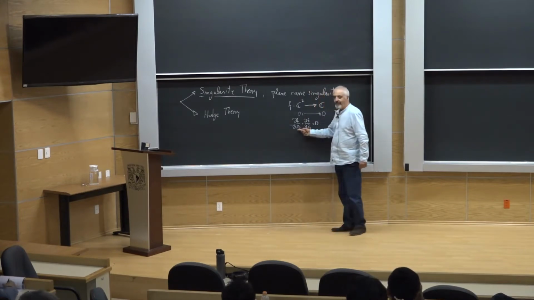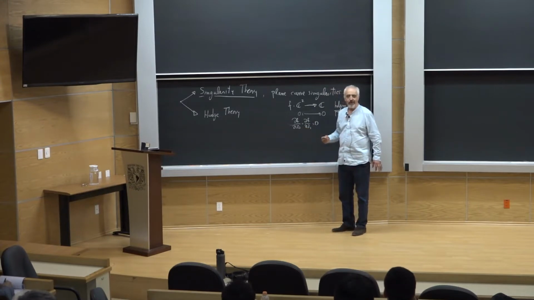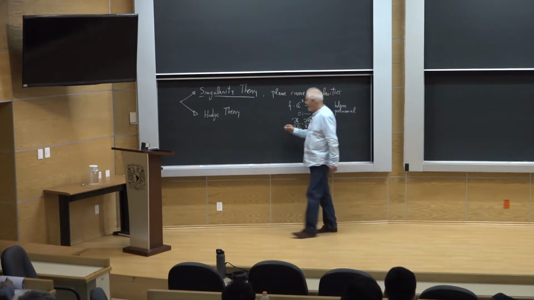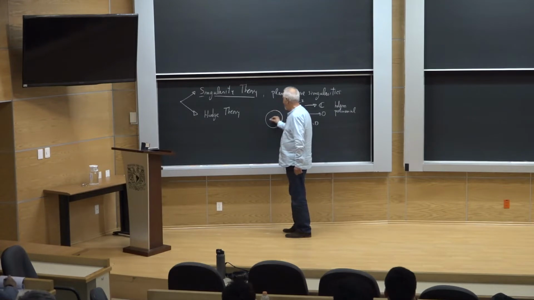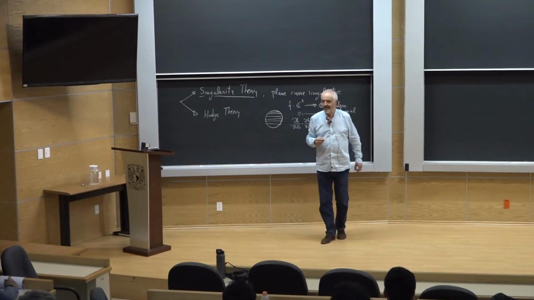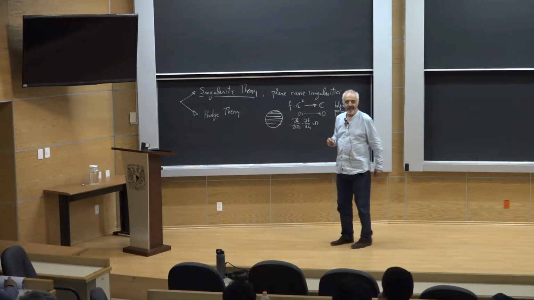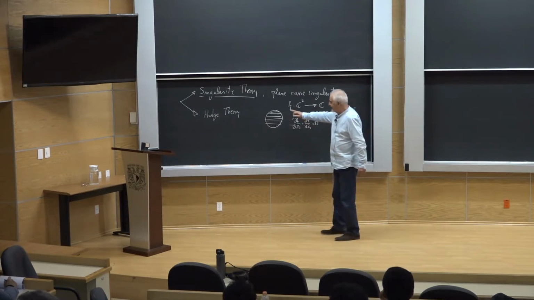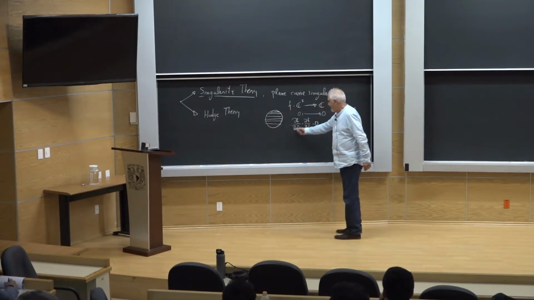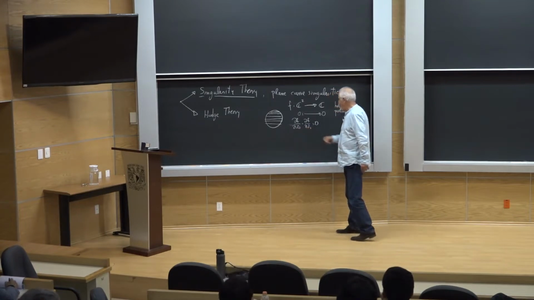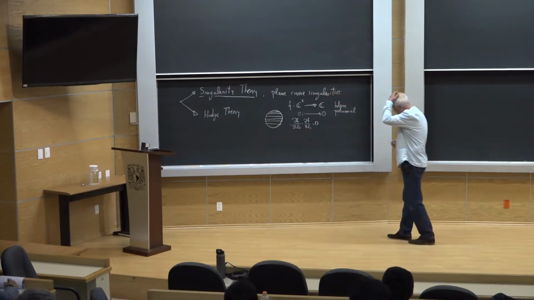If this hypothesis is not satisfied, we all know from our calculus courses that in the neighborhood of 0, things look like this. That's what the implicit function theorem says, which is a very boring situation. So in the calculus course, this is enough, but we're going to assume that we're at a singular point.